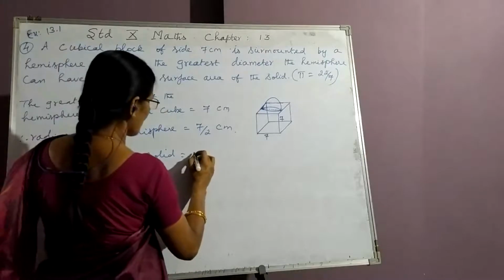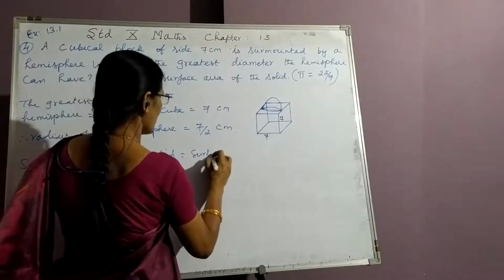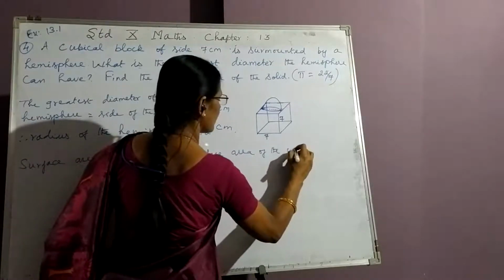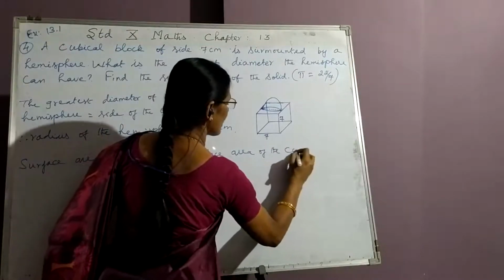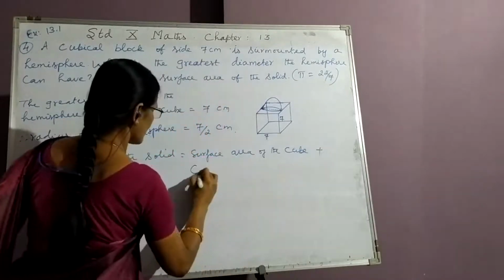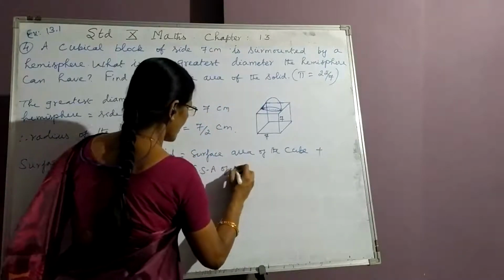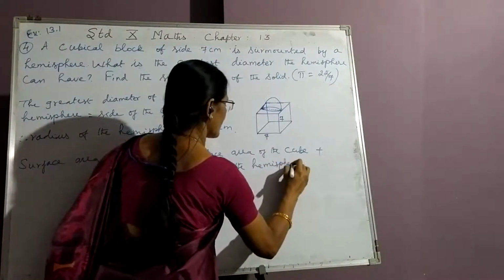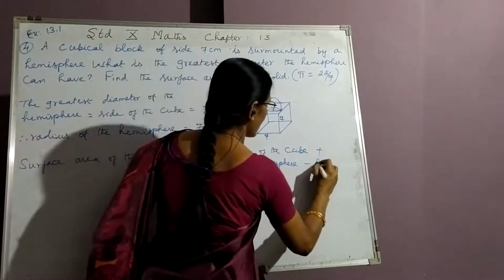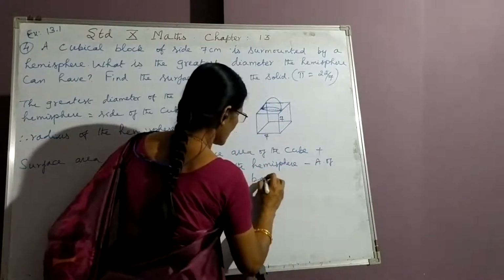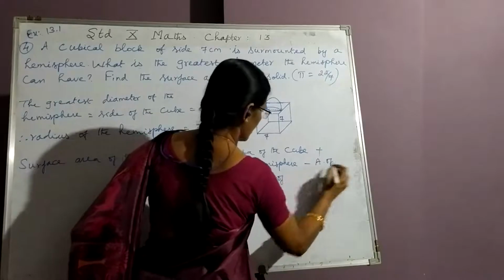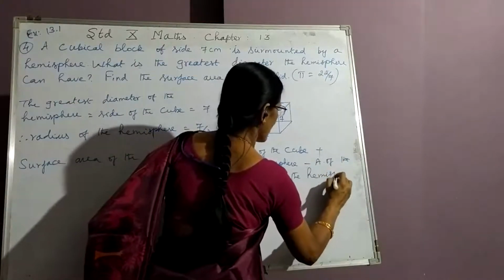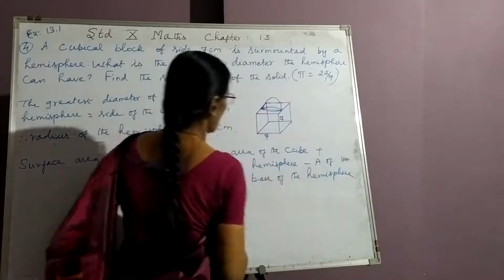Therefore, it is surface area of the cube plus curved surface area of the hemisphere minus area of base of the hemisphere. Why we subtract this area of base of the hemisphere?